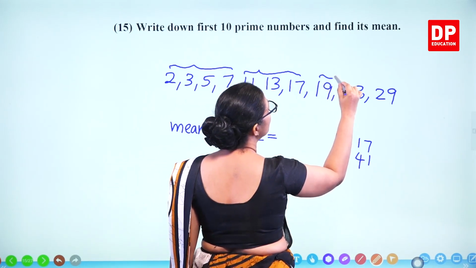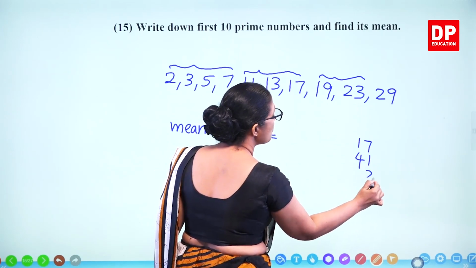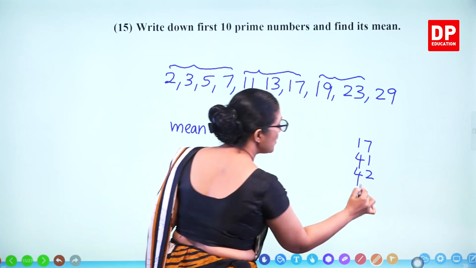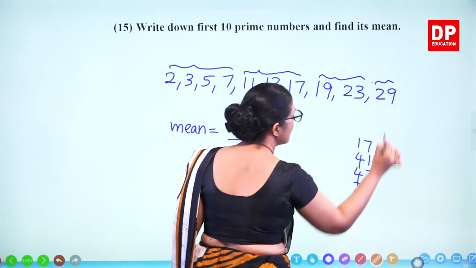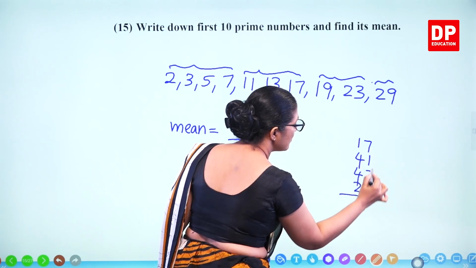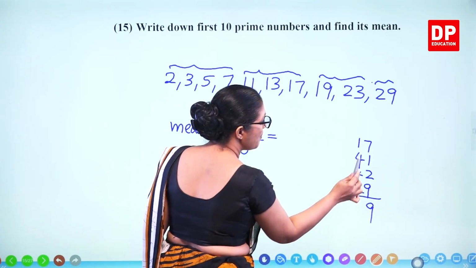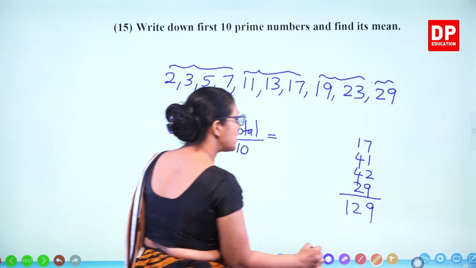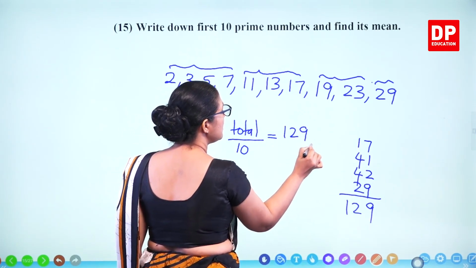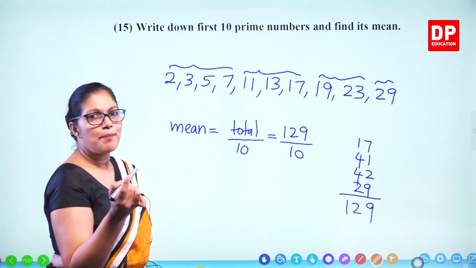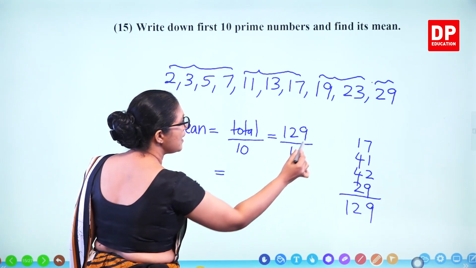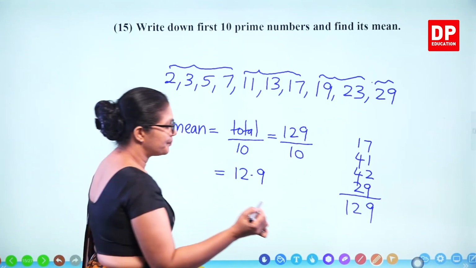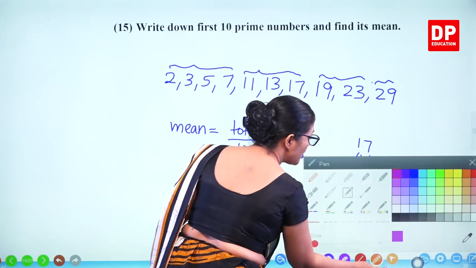We'll add these two. 9 plus 3, 12, and 1 remaining, 42, and 29. 19 and 1 remaining, 129 is the total. Divide by 10. Divide by 10 means move the decimal place 1 place to the left. 12.9 is the mean value. So 2 marks for that.